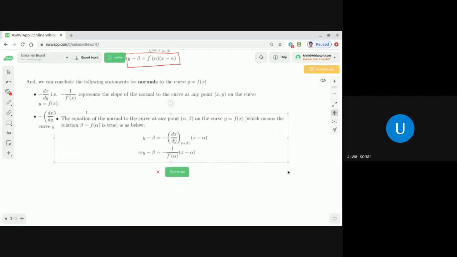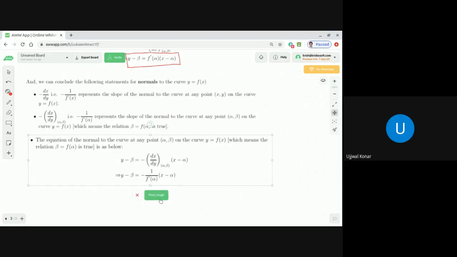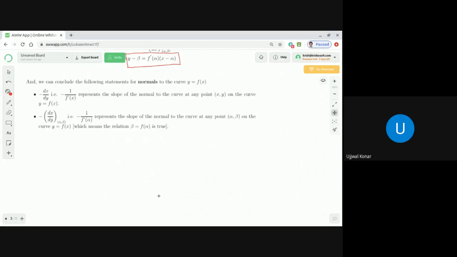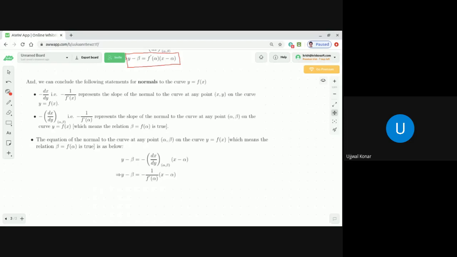So dear students, eventually we get the equation of the normal to the curve at any point (alpha, beta) on the curve y equal to f(x), which means the relation beta equal to f(alpha) is true: y minus beta is equal to minus dx/dy at (alpha, beta) into (x minus alpha).